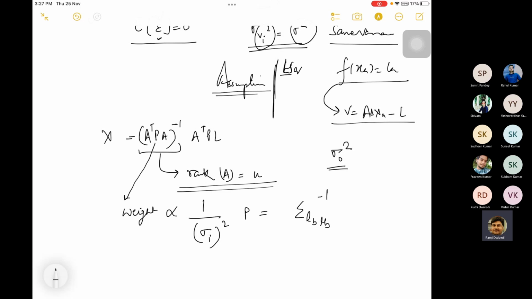But the equality doesn't hold until you open this sigma naught square.